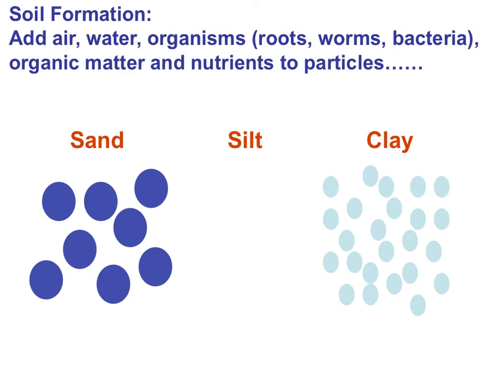So soil formation involves particles, adding air, water, organisms, roots, worms, bacteria, organic matter, leaf litter, and nutrients, all to the particles. But the particles are of different size, from sand, the largest, to clay, the smallest, and silt is of an intermediate size. All the particles originate from the parent rock.